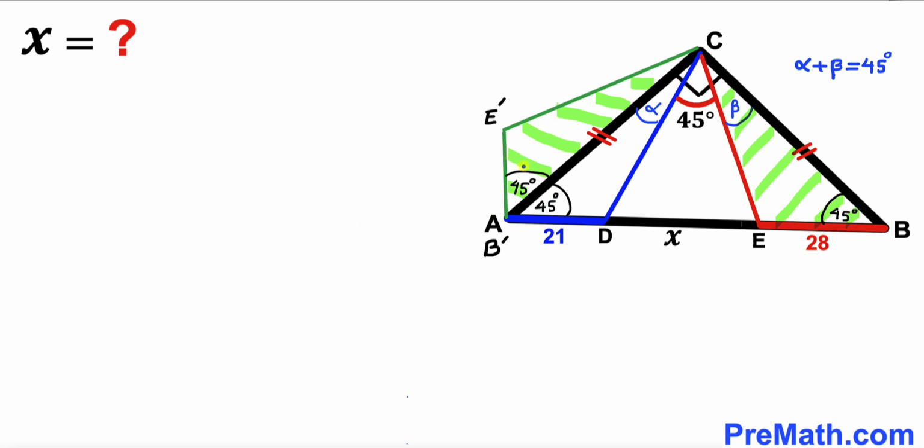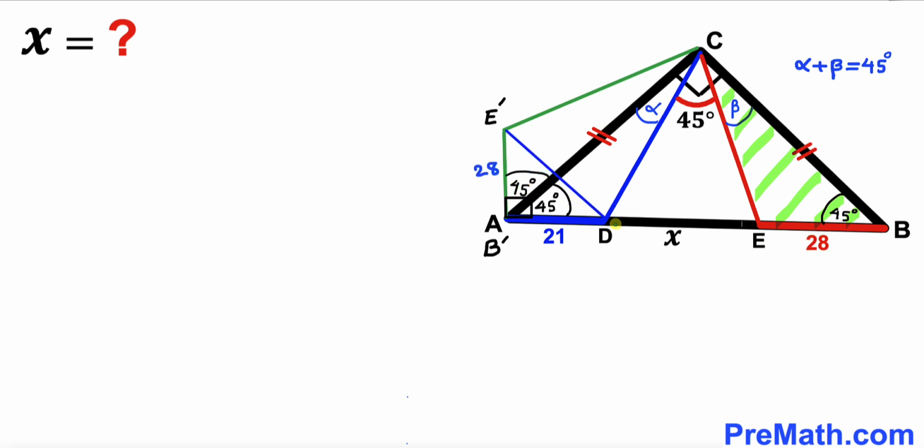Now let's make an observation. We can see this angle is 45 degrees and this angle is 45 degrees. Therefore, this whole angle is going to be 90 degrees. Furthermore, this segment EB, which is 28, shows up over here as B prime E prime, so this segment is going to be 28.